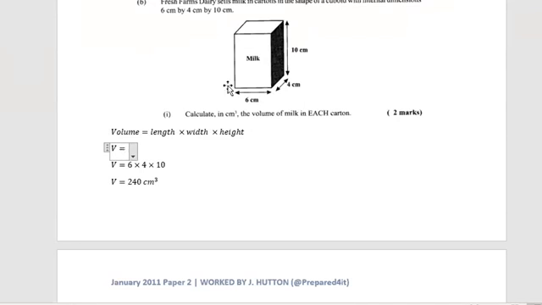So our length of the cuboid, which is the carton, is 6, our width being 4 centimeter, and our height, which is illustrated here, is 10 centimeter. And when you do that calculation of 6 multiplied by 4 multiplied by 10, what you'll get is 240 centimeter cube to be our volume of each milk in a carton.